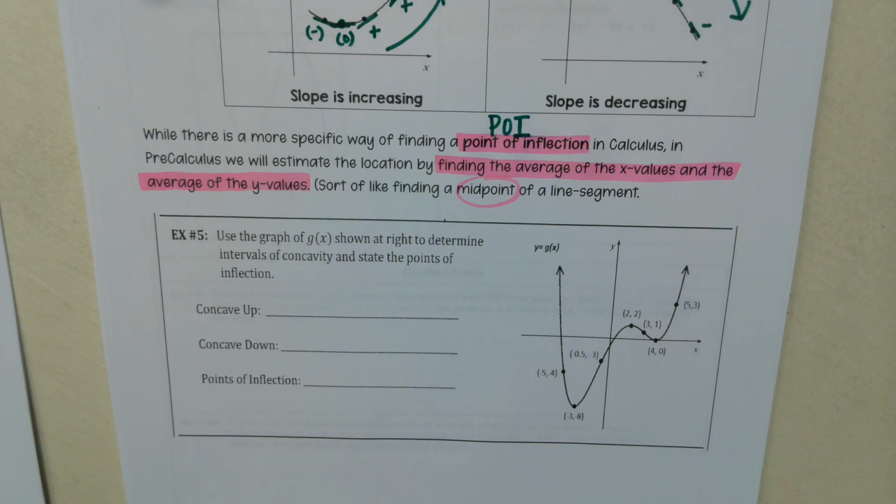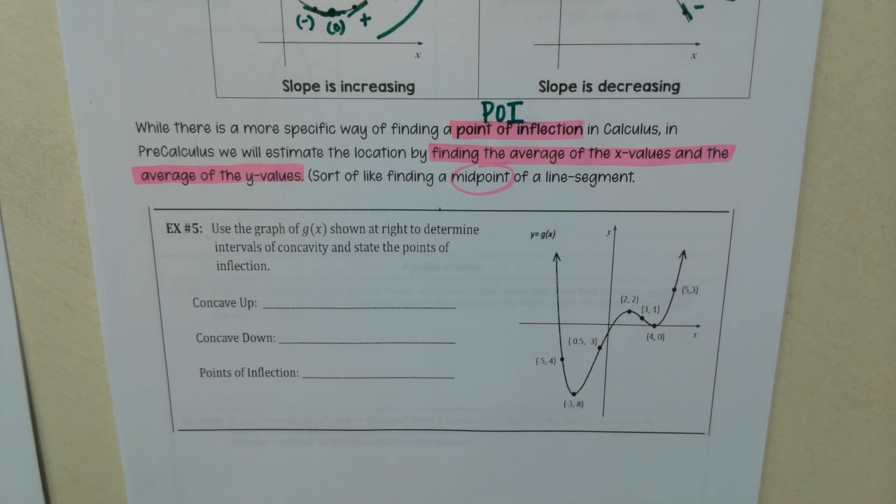So in pre-calculus, we're not finding it exactly. We're not finding it the calculus way, the more appropriate way, but we can estimate it. And it's kind of finding the average of those highs and lows.